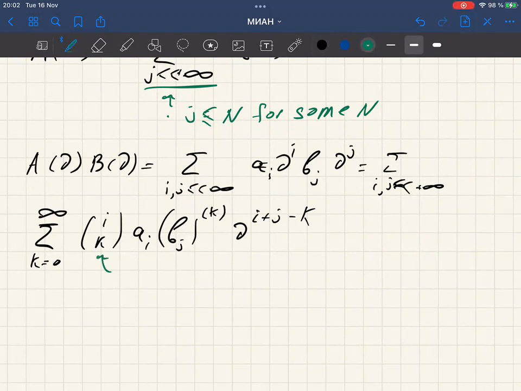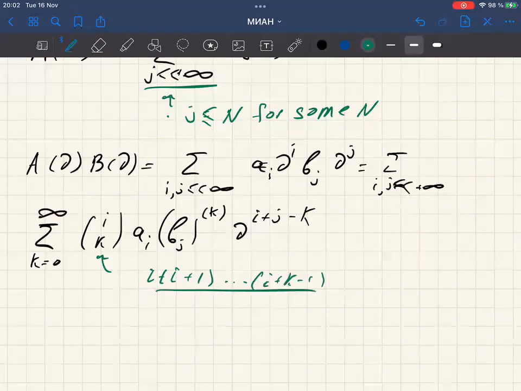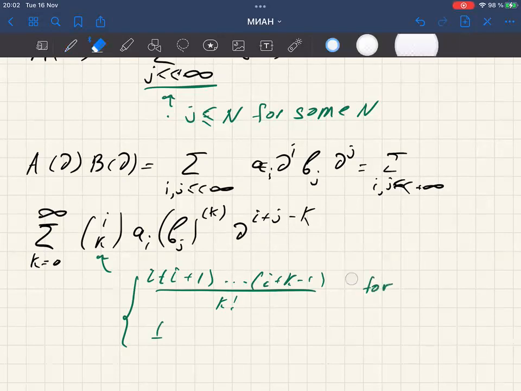It is a times a minus 1 up to a minus k plus 1, divided by k factorial. I'm not sure that this is the binomial coefficient.